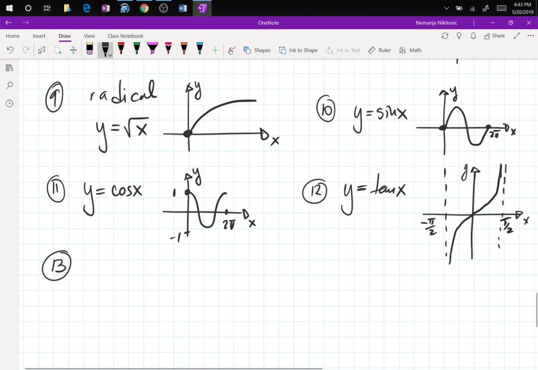13. Y equals cosecant x. Now, at this point, I should put the $100 bill on the desk and say, whoever runs to the board and draws this function, you keep the $100.